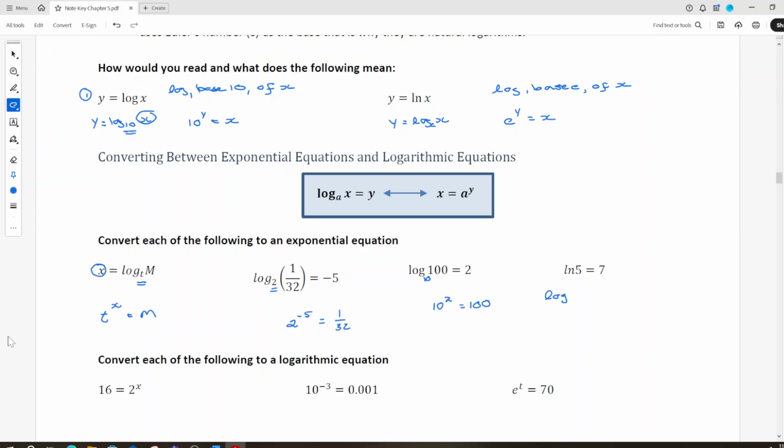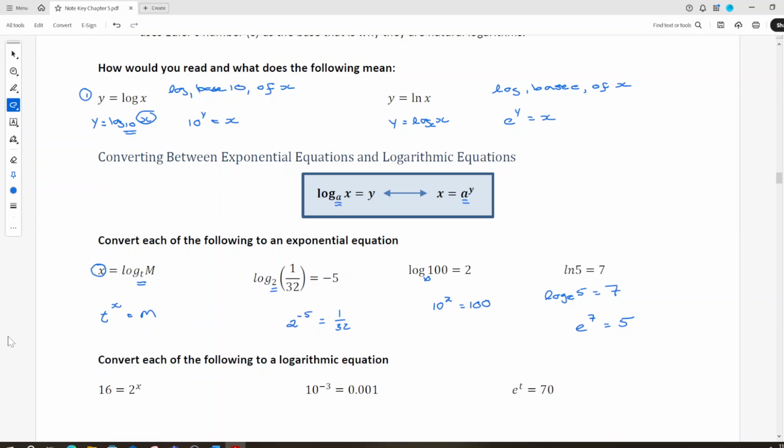So understanding that if you want to write it in exponential form, you have to first write it as log base e of 5. And then to write this in exponential form, you would say that e to the exponent 7 is 5.